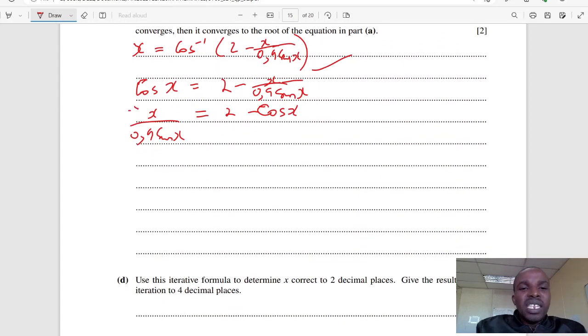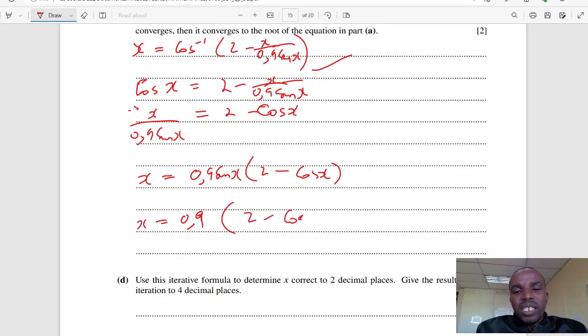Then let's make this x the subject. It will be x is equal to, multiply everything by 0.9 sin x, 0.9 sin x (2 minus cos x). Then we can just say x is equal to 0.9, then (2 minus cos x), then sin x. Just like that. Then shown.